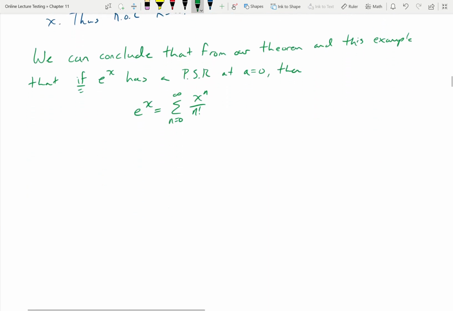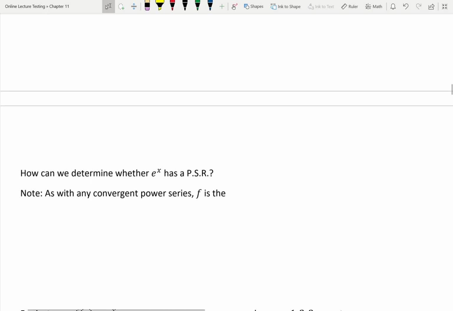All right, so we need to answer the question, well, does it? So how can we determine whether e to the x actually has a PSR? The nice thing is we've kind of figured out, okay, well, its radius of convergence is infinity, so that means we should be good, right? Well, that's not really a definitive answer for us. So the big thing comes to this, talking about this is why it's important to know what it means to be a convergent series.